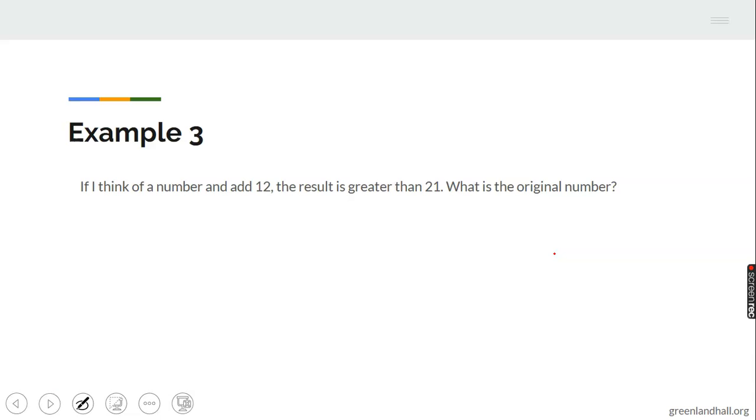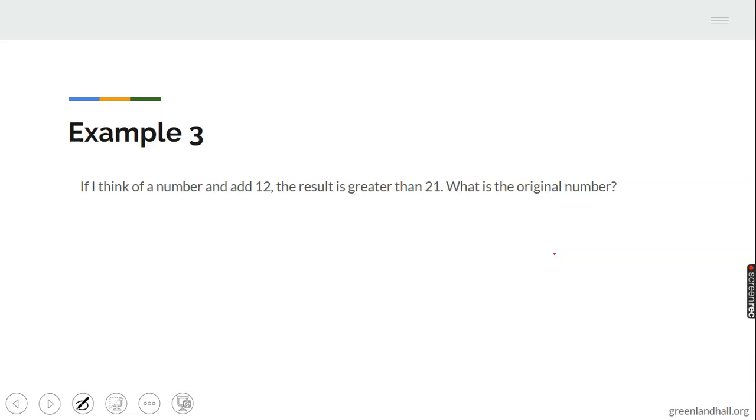Okay. Now let's look at another example. We are told that if I think of a number and add 12, the result is greater than 21. What is the original number? So I want you to just attempt this, let me just give you 10 seconds max. Just try it for me. If I think of a number and add 12, the result is greater than 21.